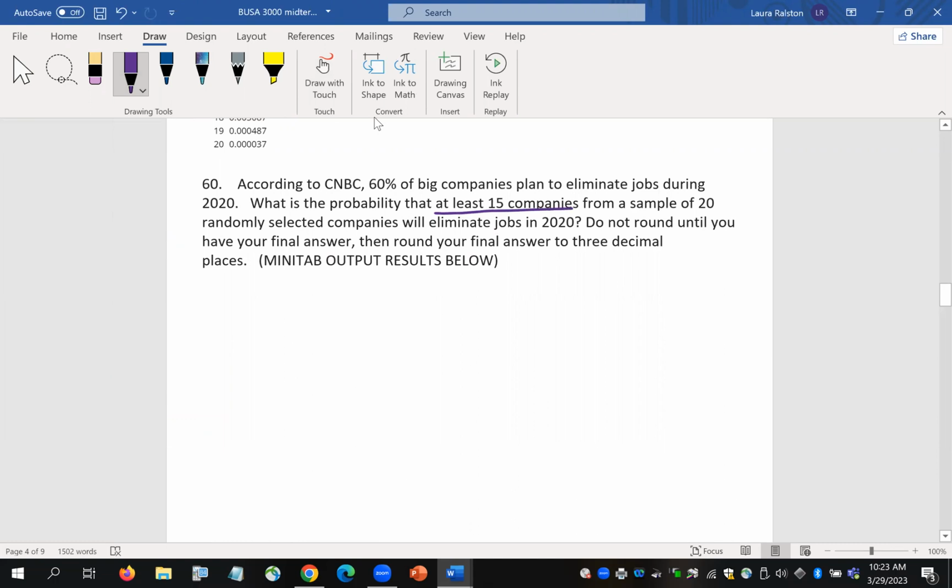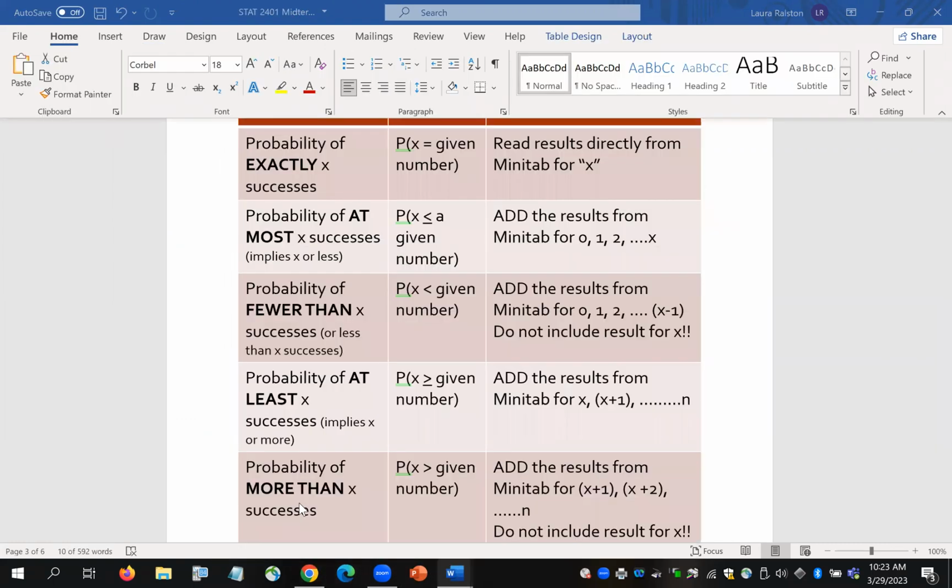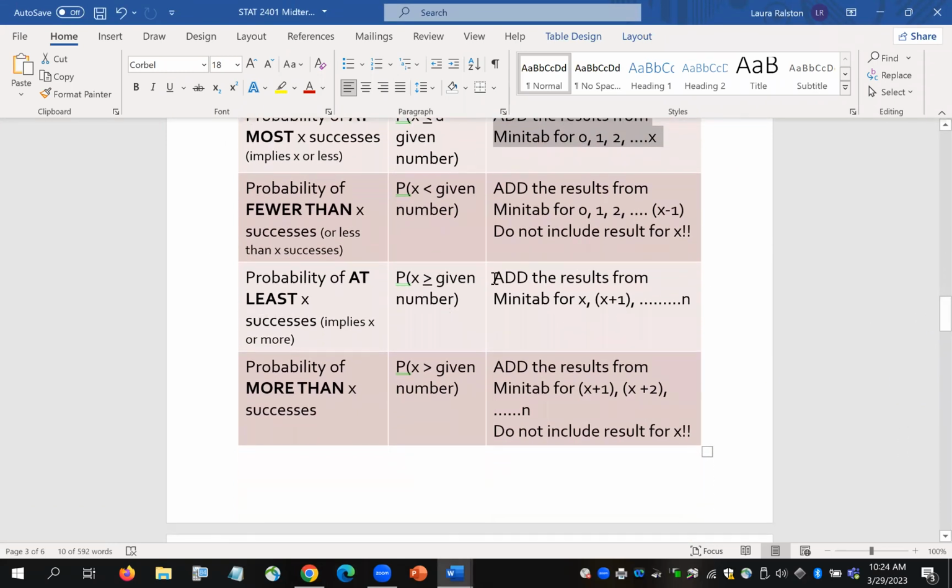So the phrase here is "at least." So if I go over and look at the table and I look for that phrase "at least," it tells me to add the results from Minitab for X. Again, it does include the X the way this is written.